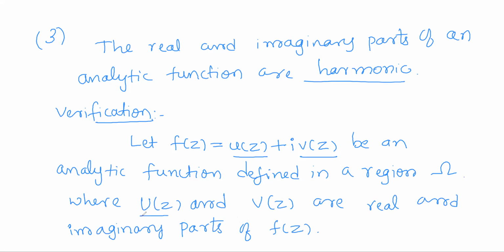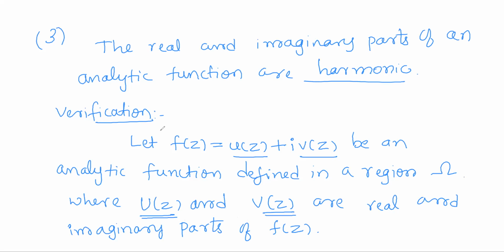Now we shall verify that these real and imaginary parts of f of z, u of z and v of z, are harmonic functions. So you just have to verify them. First of all, you can observe by the definition itself, u and v are defined for complex variables, so it is a function of complex variables.